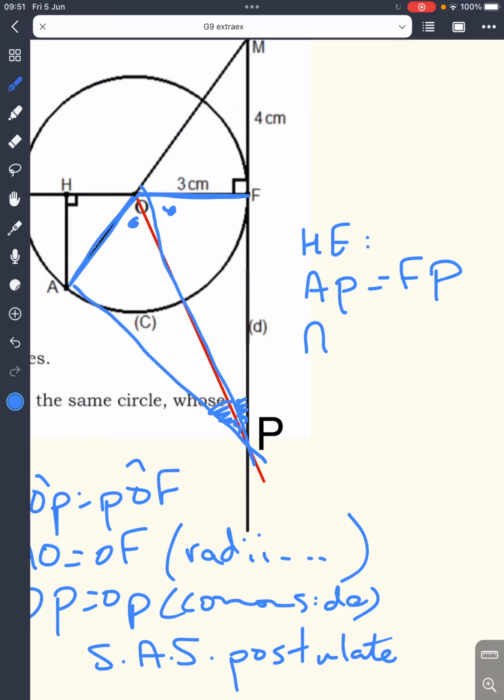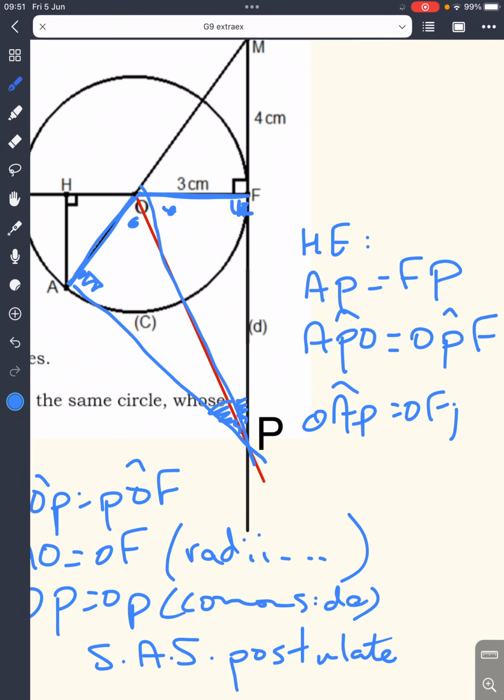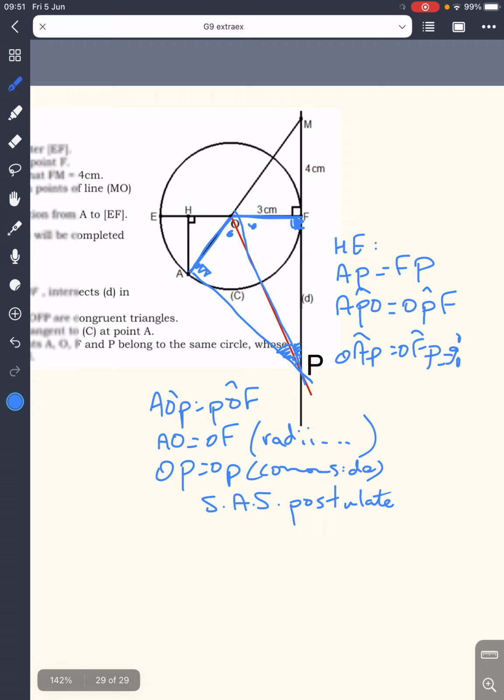These are the homologous elements since they are congruent triangles. And the last one, OFP equals the third angle, which is OAP. So OAP equals OFP equals 90 degrees. Here we proved by tangency it's perpendicular, so it's a right angle.